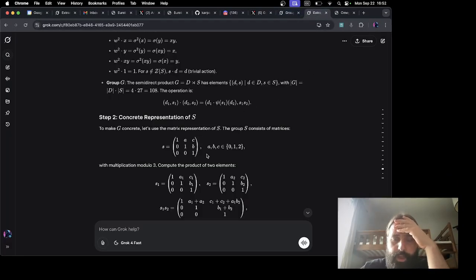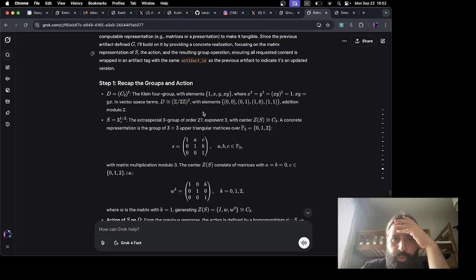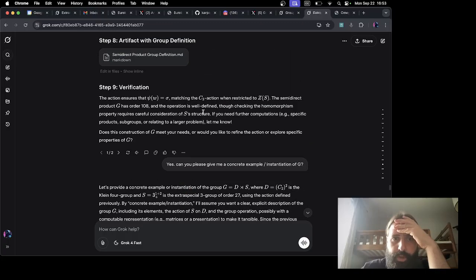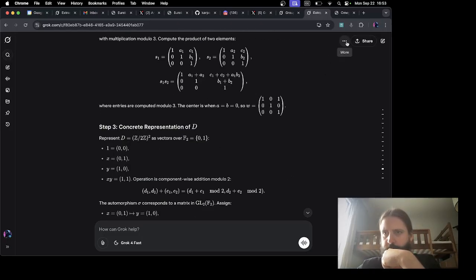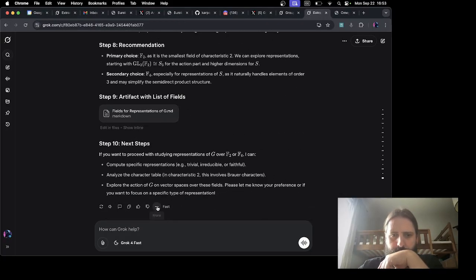Do I want to pollute the context here? I don't want to pollute the context here. So what I want to do is a new chat, create share link. I wish I could just clone these.